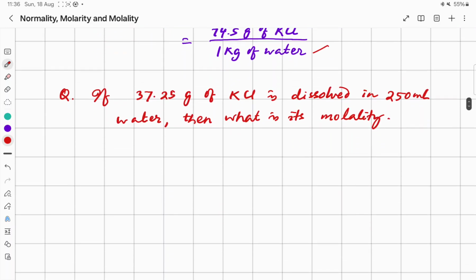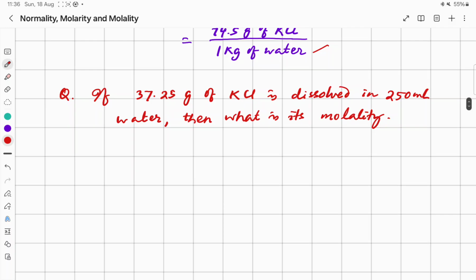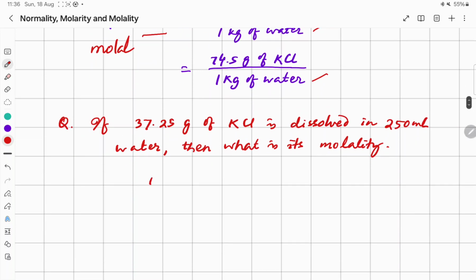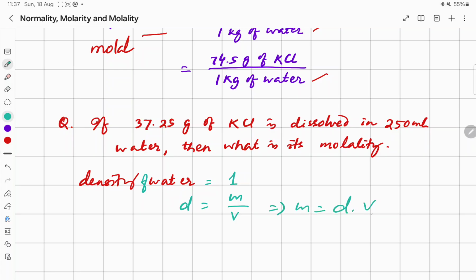So let us take one example. If 37.25 gram of potassium chloride is dissolved in 250 ml of water, then what is its molality? So water, we know the density of water is 1. We know density is equal to mass by volume, so mass is equal to density times volume.